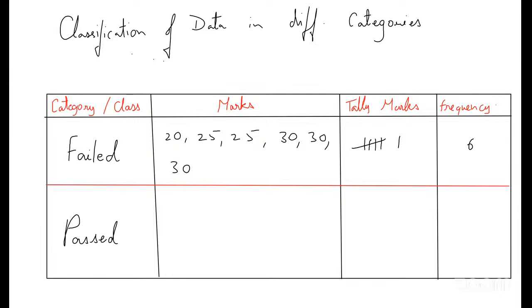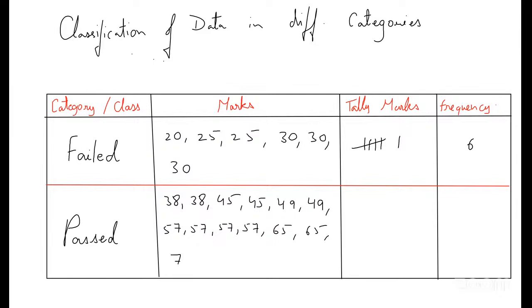So we have 38, 45, 49, 57, 65, 72. Yes. So all these numbers we have.